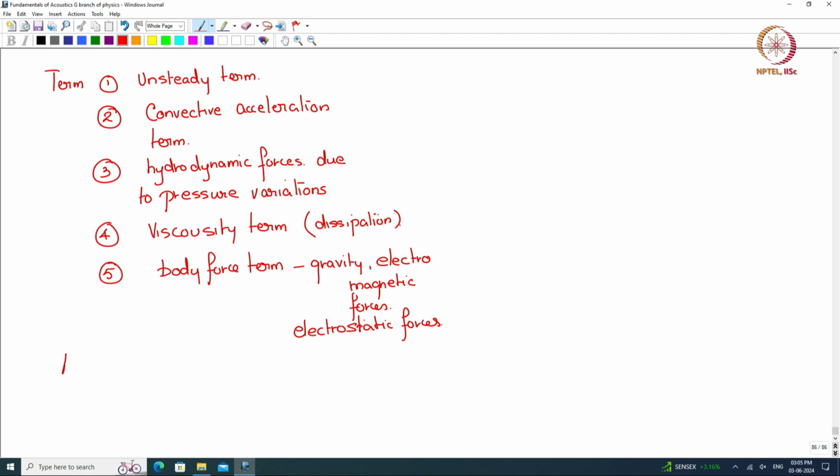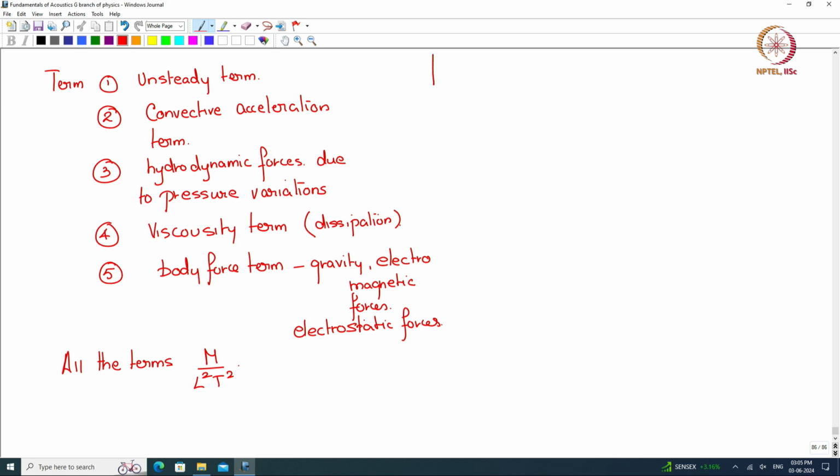And all the terms have units of mass over L square T square.